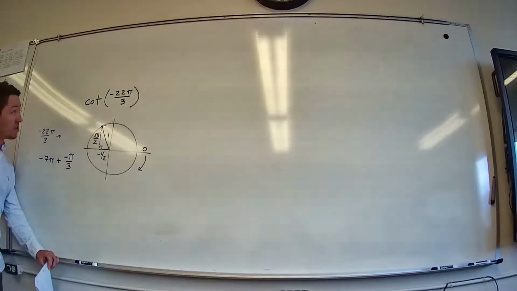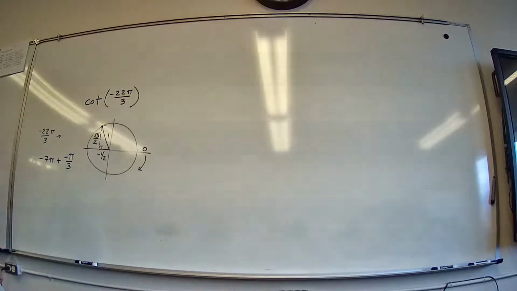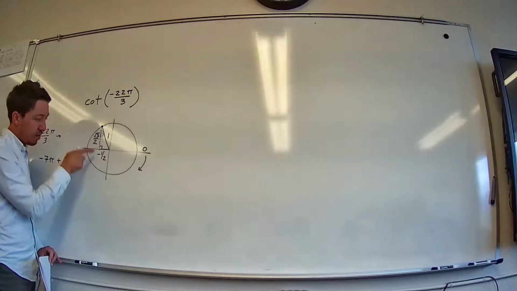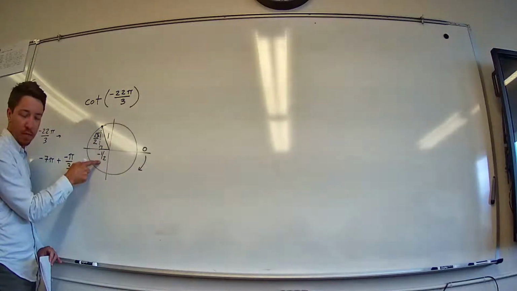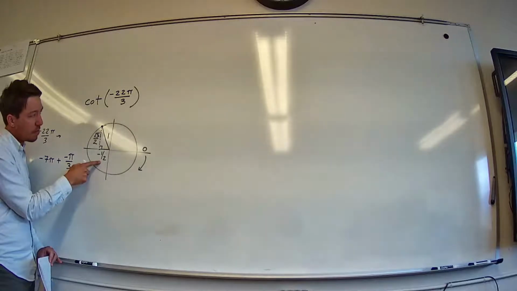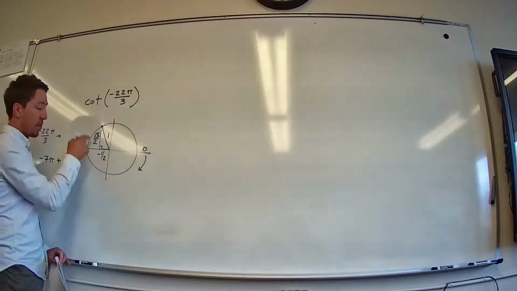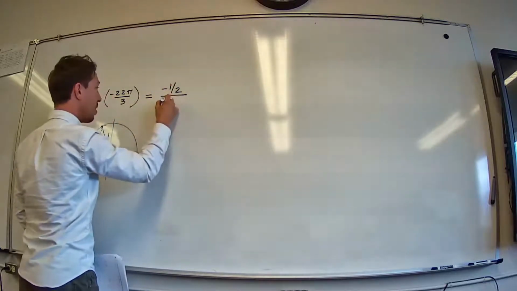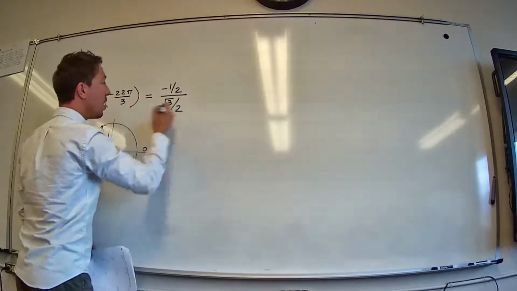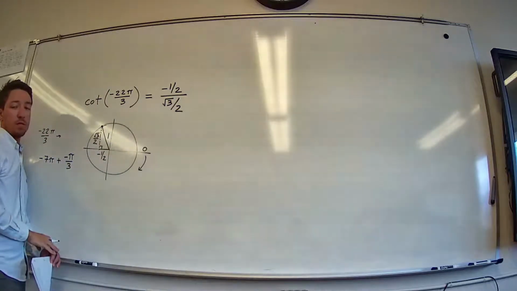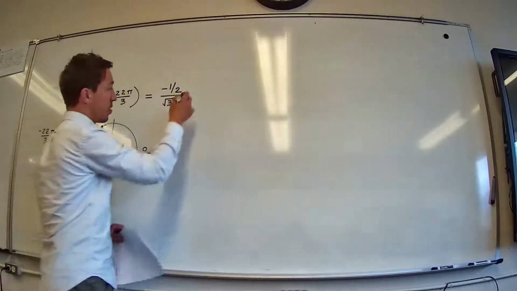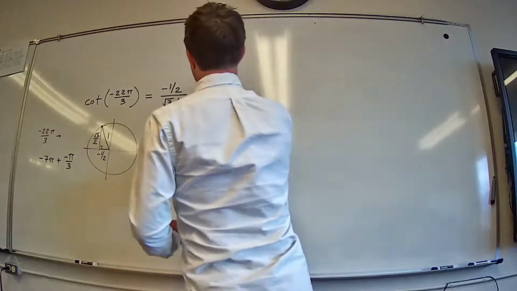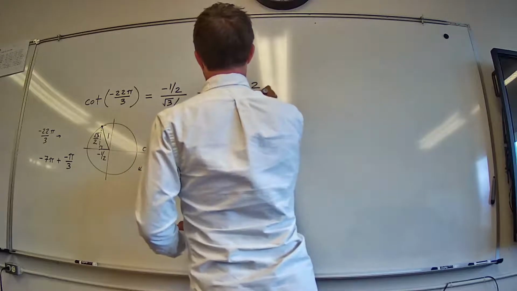Makes sense? Okay. So the tangent would be the y value over the x value, right? So the cotangent would be the x value over the y value. Then you could go, well, I've got negative 1/2 times 2 over the square root of 3.